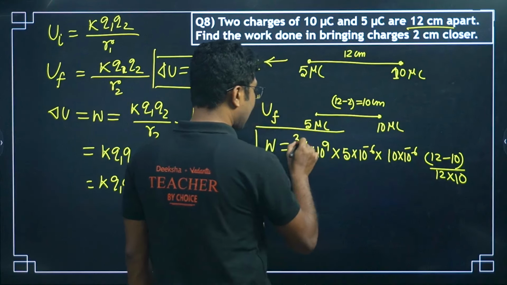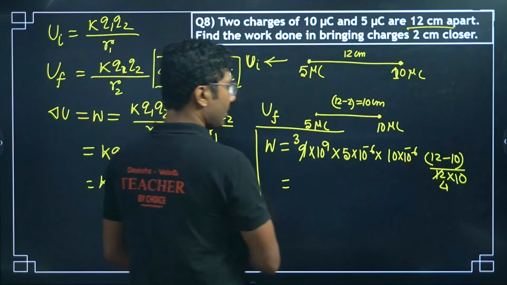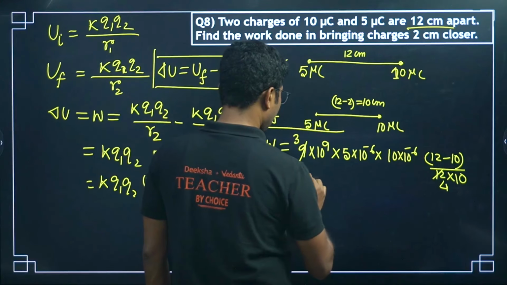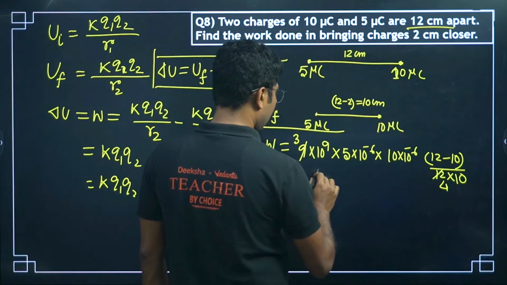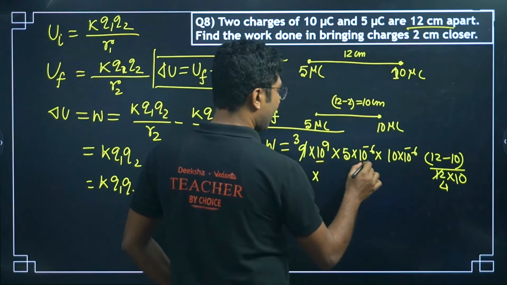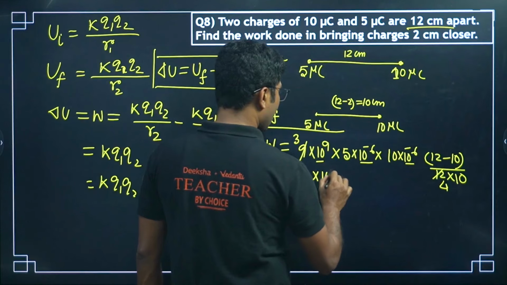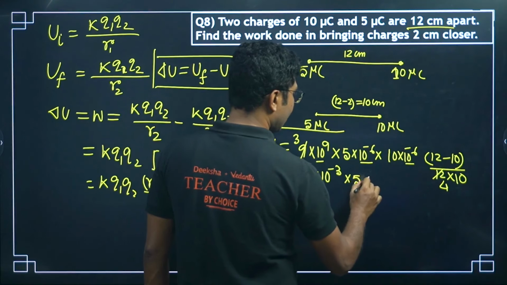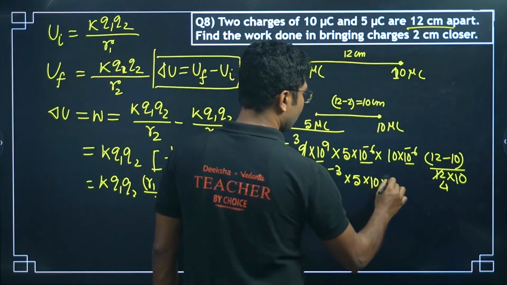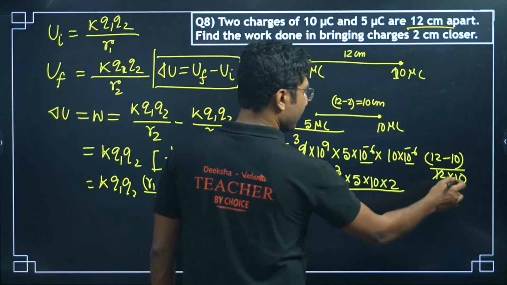3 9s are 27, 3 4s are 12, and then 3 into 10 to the power of 9 minus 6 minus 6, 10 to the power of minus 12, 10 to the power of minus 3 into 5 into 10 into 2 divided by 40. 40 means 4 into 10.